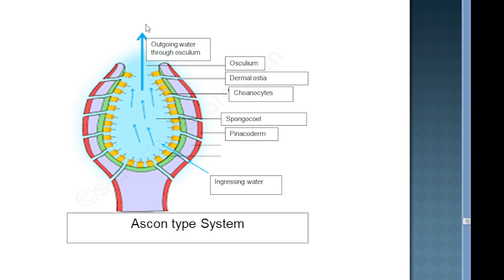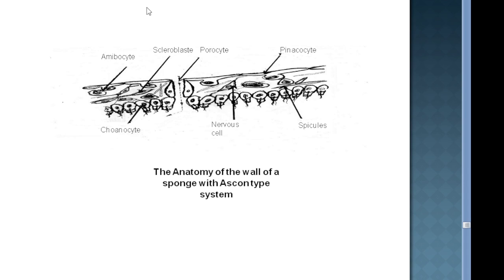Now let's see, before that, here I show you the anatomy of the wall of simple sponges. As you can see, the sponge is formed from several types of cells, such as pinacocytes, porocytes, scleroblasts, amoebocytes, nervous cells, and you find spicules here in the wall.